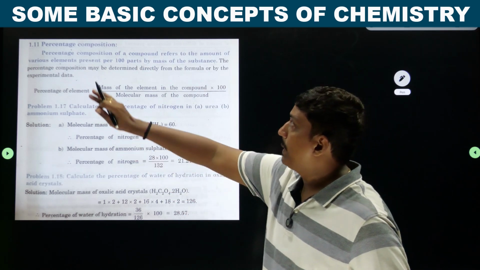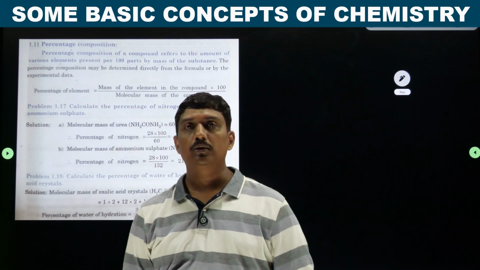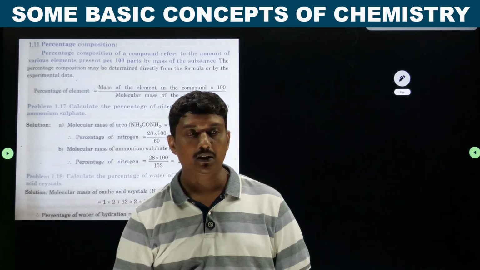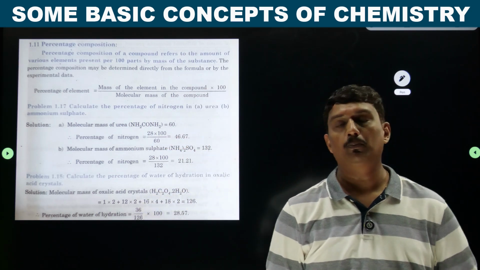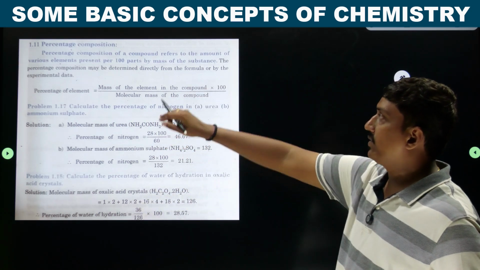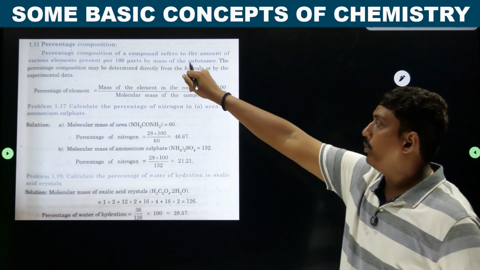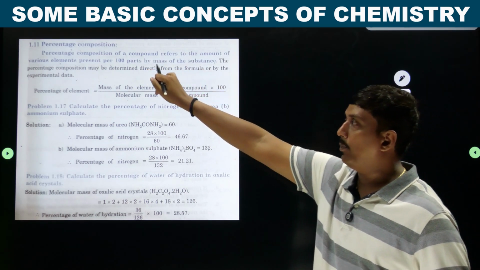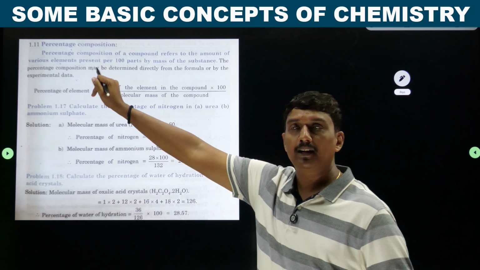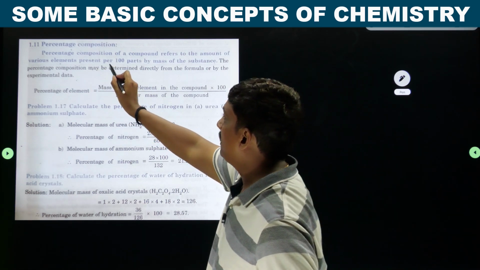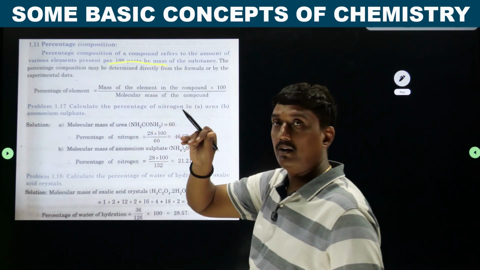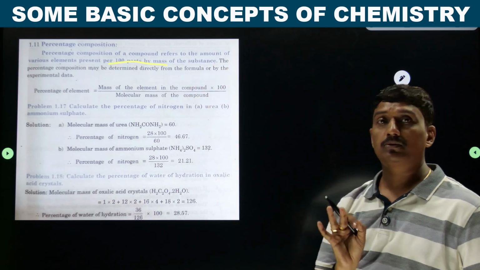Next is percentage composition. What is the meaning of percentage composition? Percentage composition of a compound refers to the amount of various elements present per 100 parts by mass of the substance.